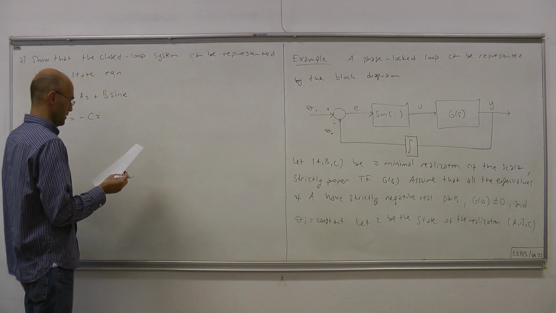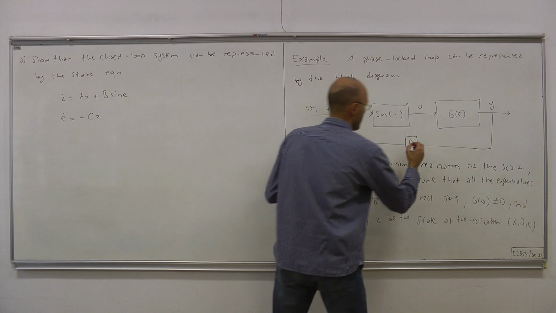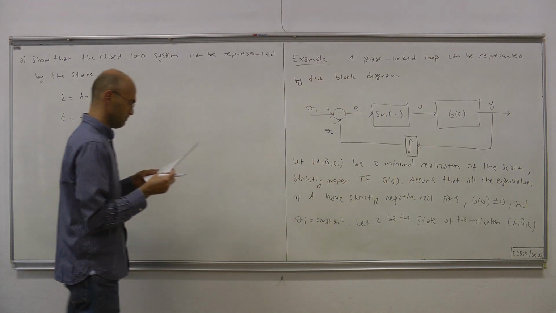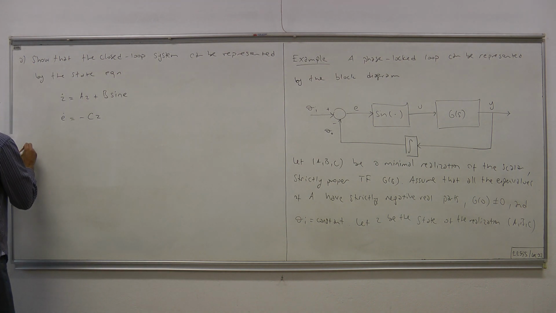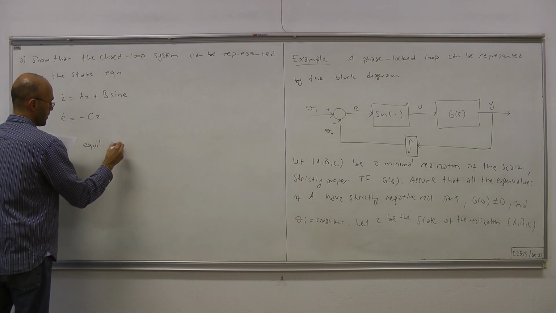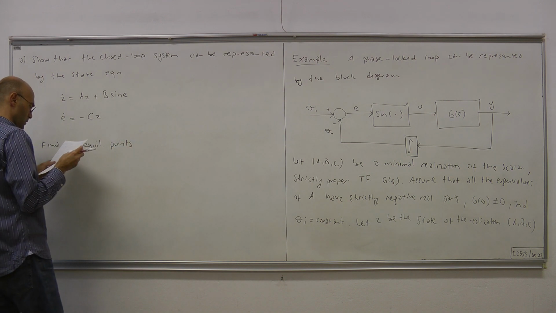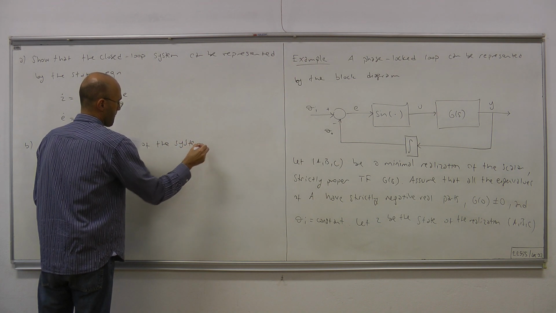Okay, E dot equals minus CZ, and okay, so that's A. And in part B, find all equilibrium points of the system, of the closed-loop system.